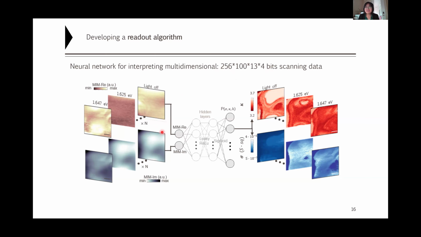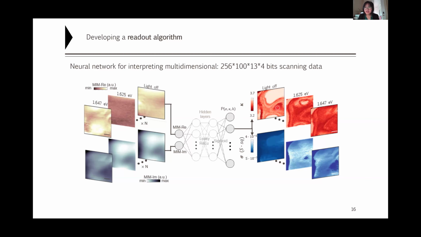All in all, we have super high multi-dimensional data. To process those data effectively, we started using machine learning based methods, and we were able to extract the local conductivity and permittivity, among other things, from the material.